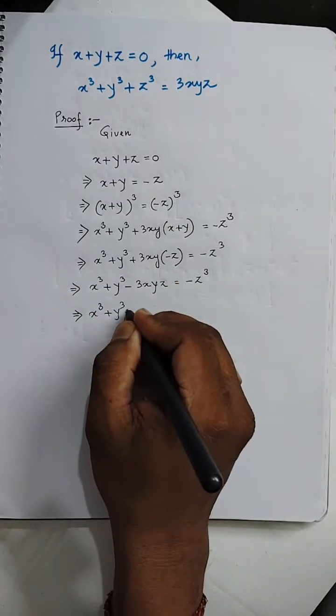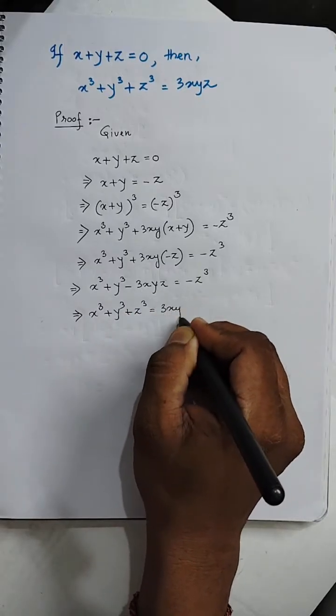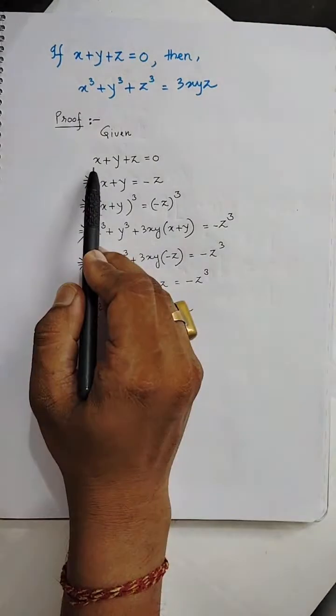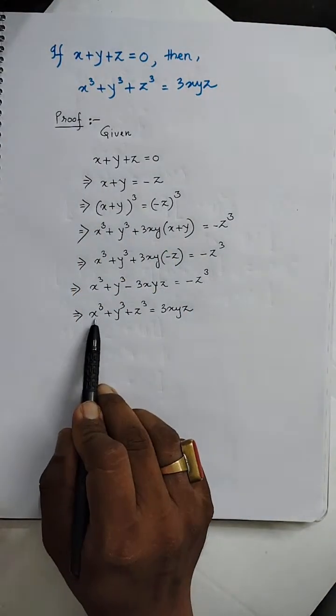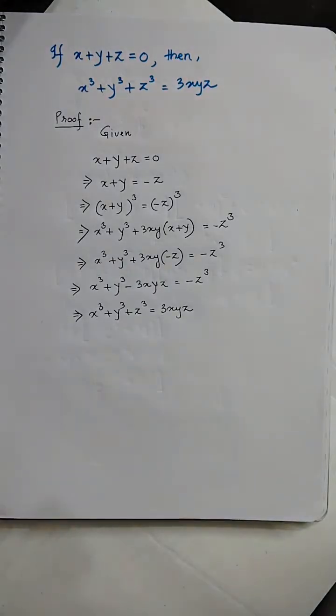So this becomes z cube, and this when transposed becomes 3xyz. So this is what we were required to prove. If x plus y plus z is 0, then x cube plus y cube plus z cube is equal to 3xyz. Okay, so these two derivations are equally important along with the questions.